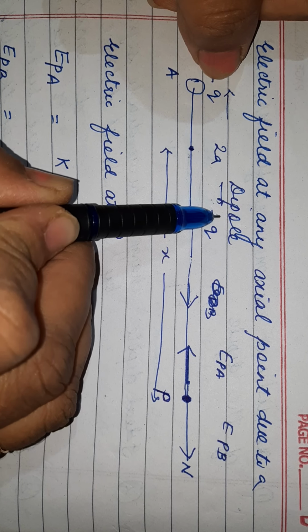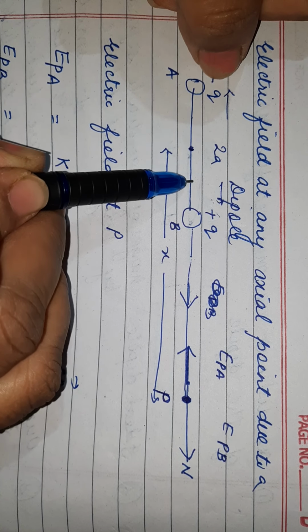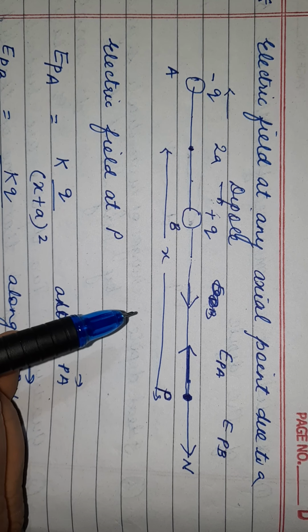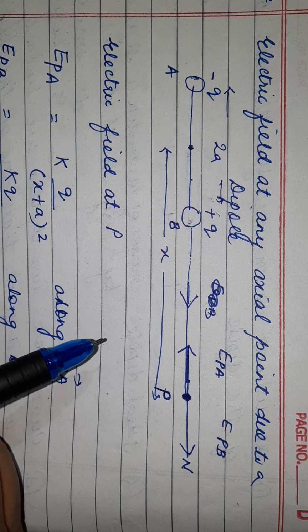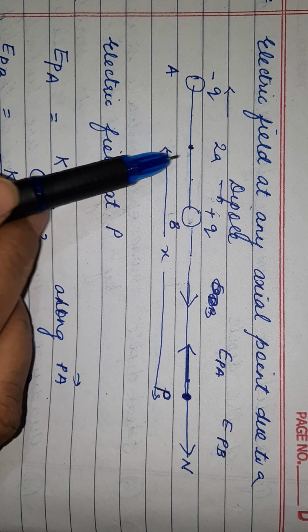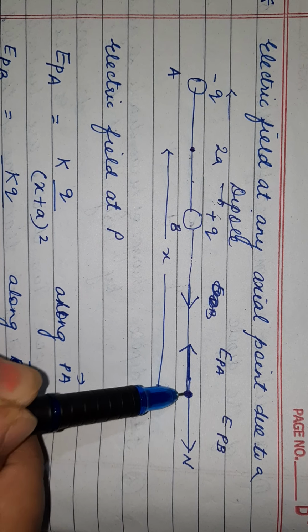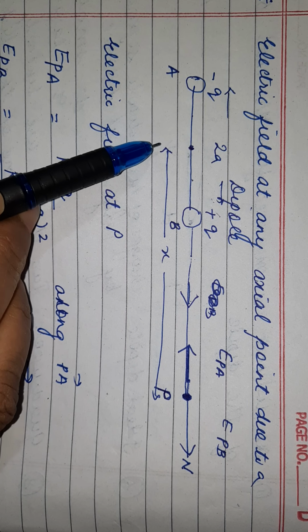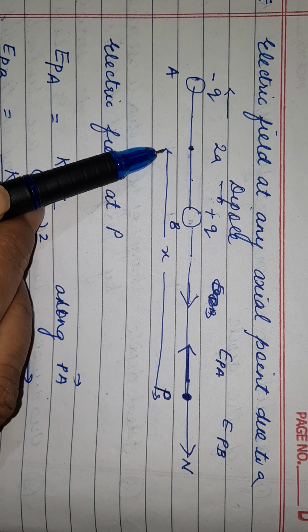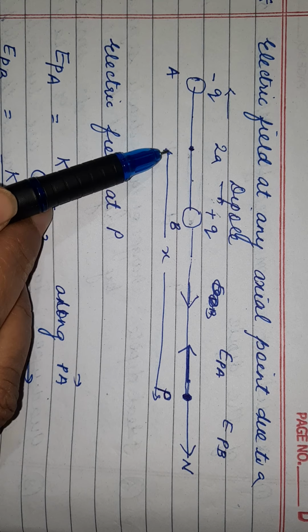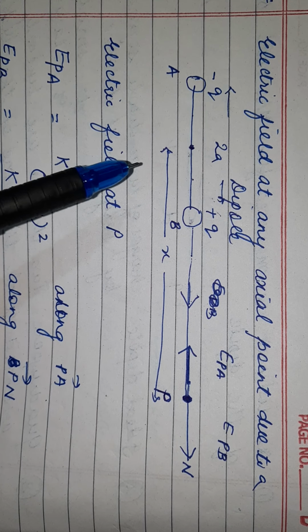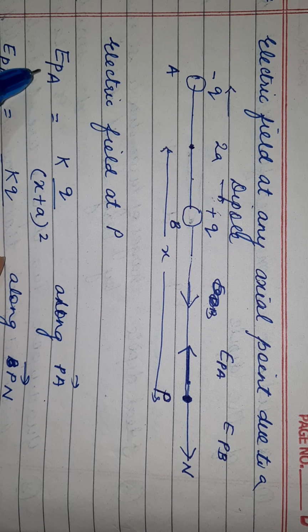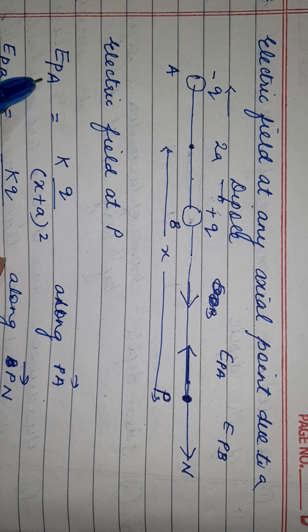If this length is 2a, then this length will be a and this length will also be a. The position of P from this dipole can be taken as the distance x. So how will we find the electric field at P due to the charge at A?